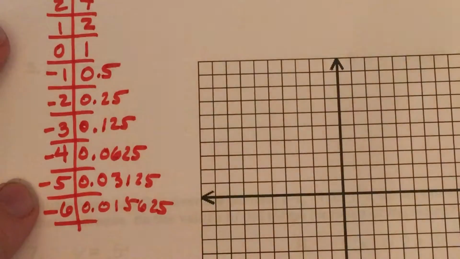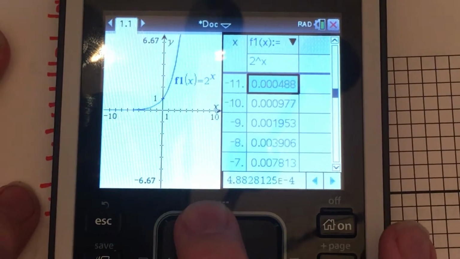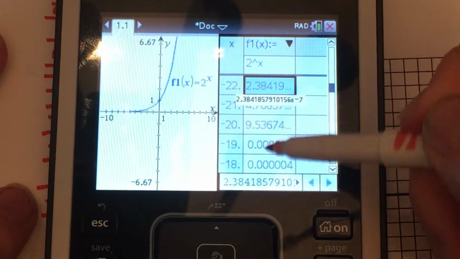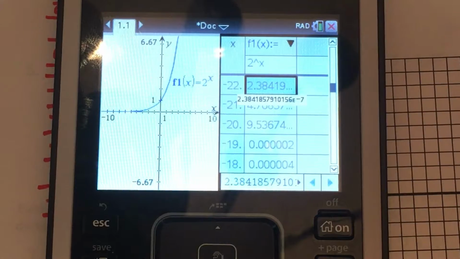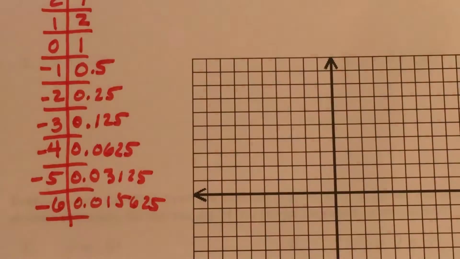Look how tiny those numbers are. But you know, we could keep scrolling here to negative land. And this is just going to get smaller and smaller, but it will never go below the x-axis. It's just not. That's crazy.